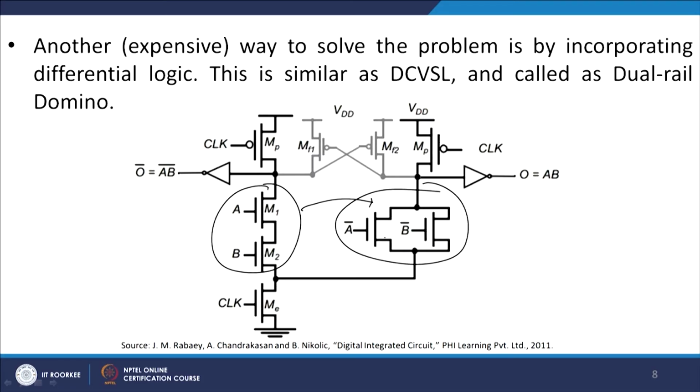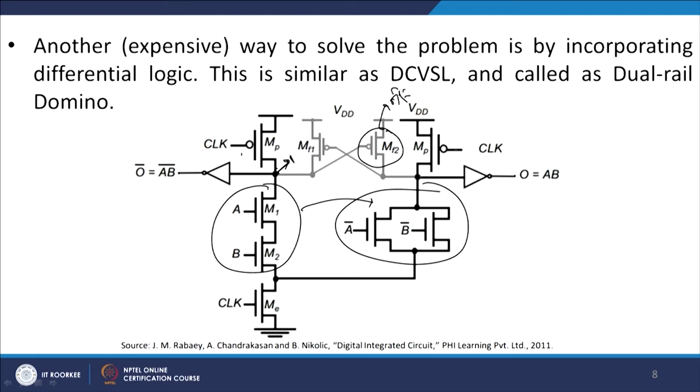When you are in the pre-charge phase, clock equals 0, MP switches on, this goes high, primarily meaning that this transistor goes high, and this feedback will be switched off.